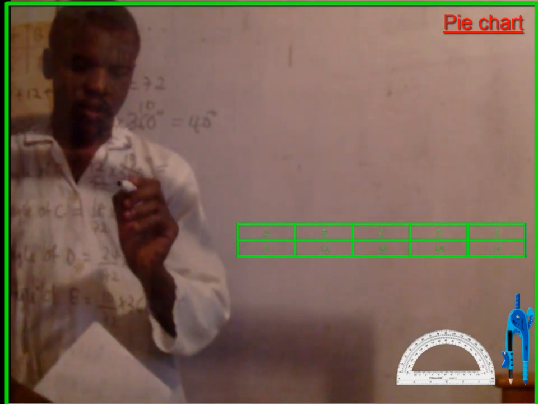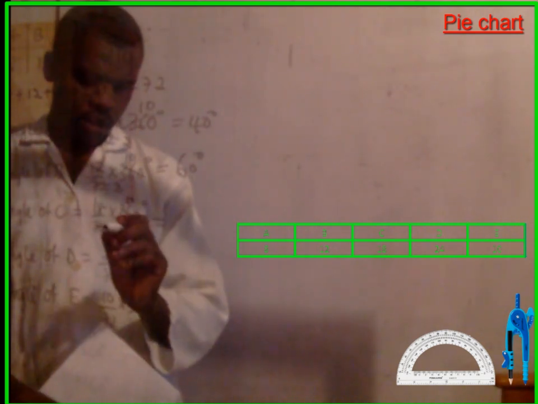So let's simplify this. 36 goes there 10 times, 36 goes there 2 times. 8 divided by 2 is 4. So this equals 40 degrees. For B, 36 goes at 10, 36 goes at 2, 6. So this is 60 degrees. Then 36, then 2, 9.